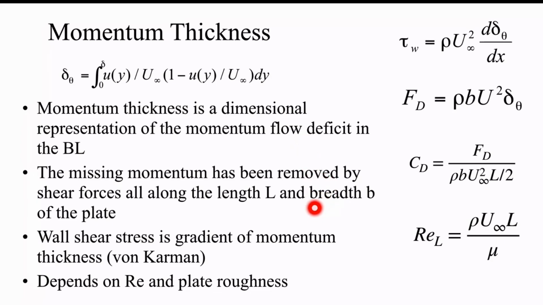And that missing momentum has been removed by the shear forces all along the length L, all the way from the leading edge and all across the breadth B of the plate, so that this momentum thickness integrated over the velocity profile gives us the drag force associated with the whole upstream area of the plate, because the boundary layer that we've got is the sum total of all of the effects that we've seen as we've moved from the leading edge of the plate down to the location where we're making our measurements.